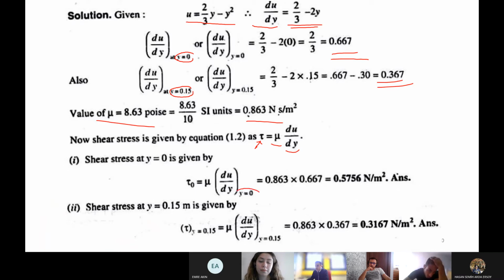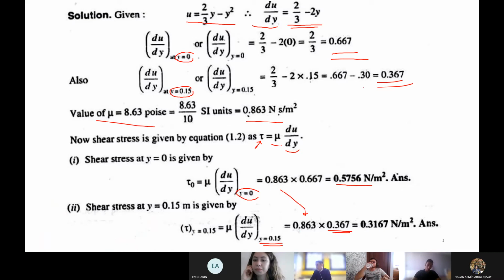For the bottom, or deepest point of the water, the value equals this. And when y equals 0.15, again you can multiply mu by the value given here.